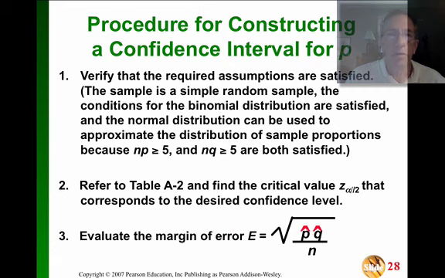So we want to have a procedure for constructing a confidence interval for a proportion. We aren't sure what the true proportion is, and that's why we put a confidence interval around it. You'll often see proportions given around election time, that a certain proportion of people are for or against a candidate, and they'll put an error estimate, or a confidence interval estimate, around it.